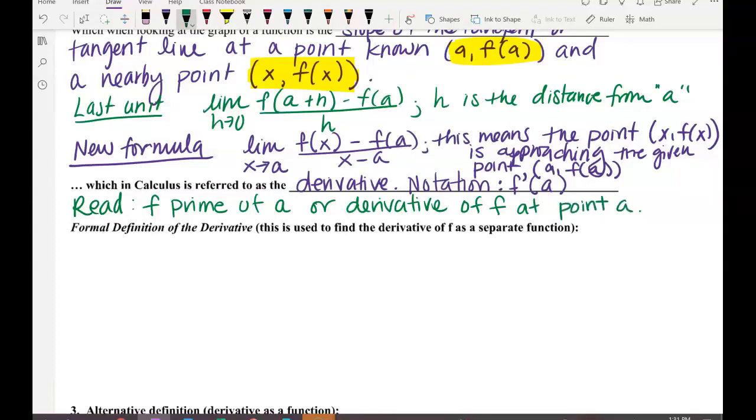All right, formal definition of the derivative. This is used to find the derivative of f as a completely separate function. So here we go.